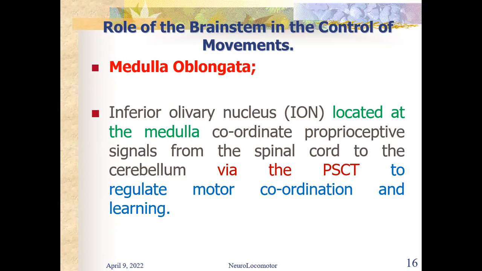They then pass through the superior olivary nuclei in the pons to the inferior colliculus of the midbrain before projecting to the auditory centers for interpretation of auditory impulses. So once you locate the inferior olivary nucleus, don't forget where the superior olivary nucleus is located.